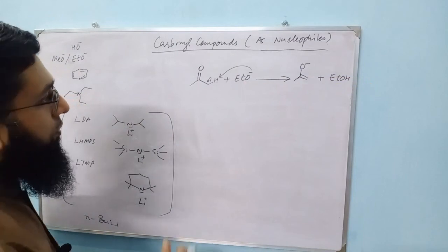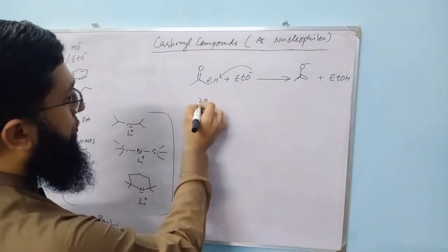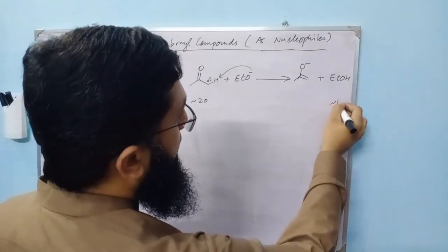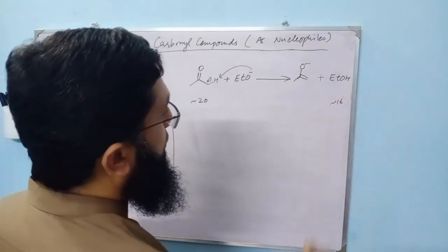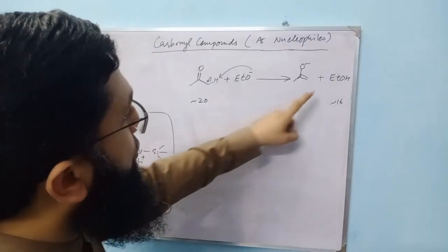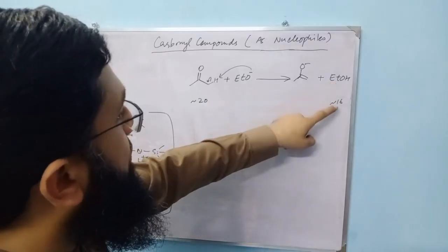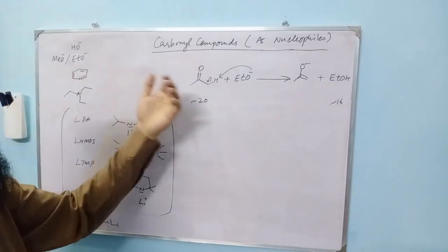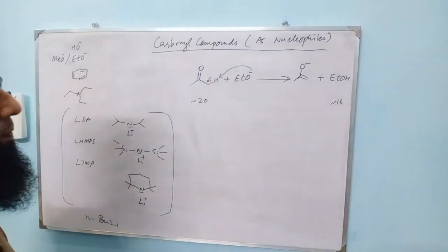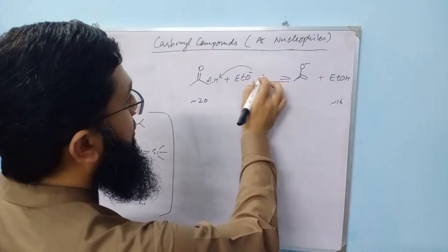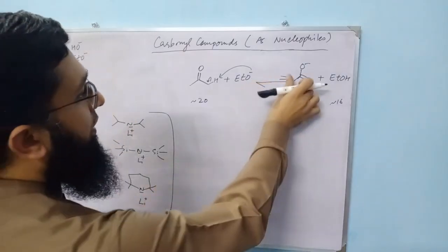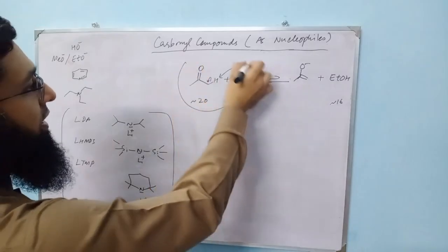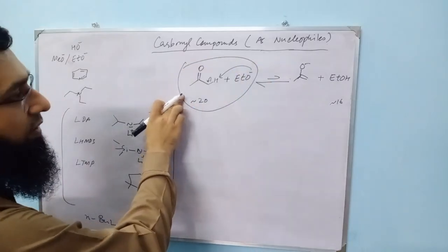Now if we look closely, this has pK value around 20 and this has pK value of 15.9 or 16. When the conjugate acid is stronger than the acid present here, in that case backward reaction would occur. As a result, the reaction would be more towards the left side, more towards the starting material than towards the end products.